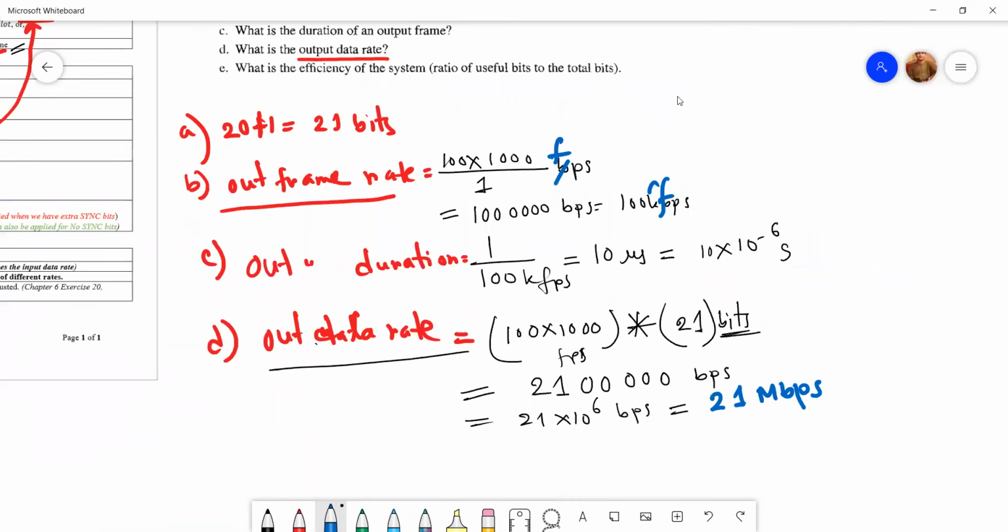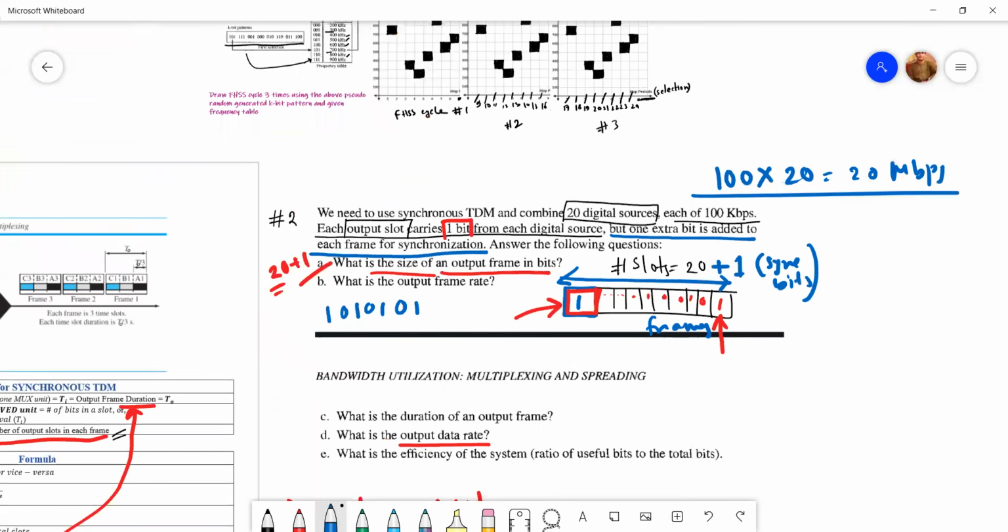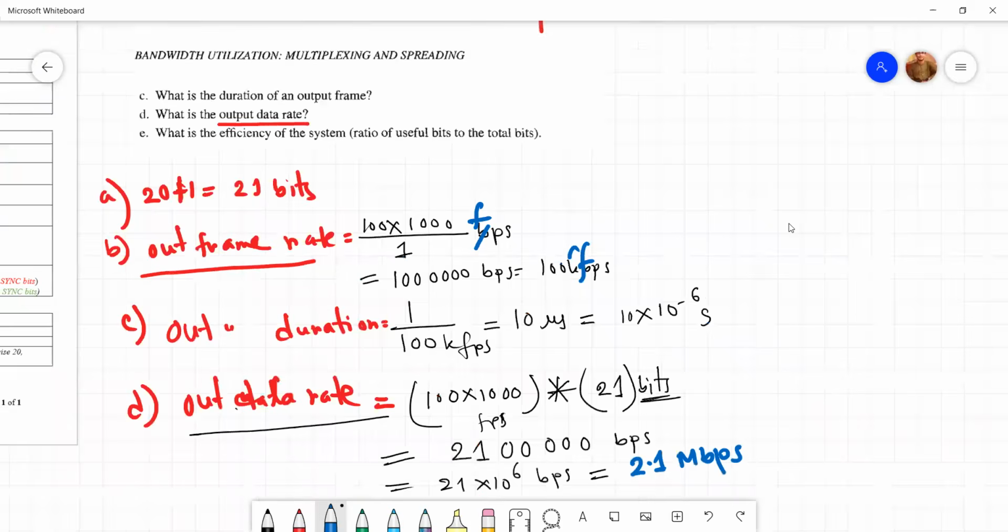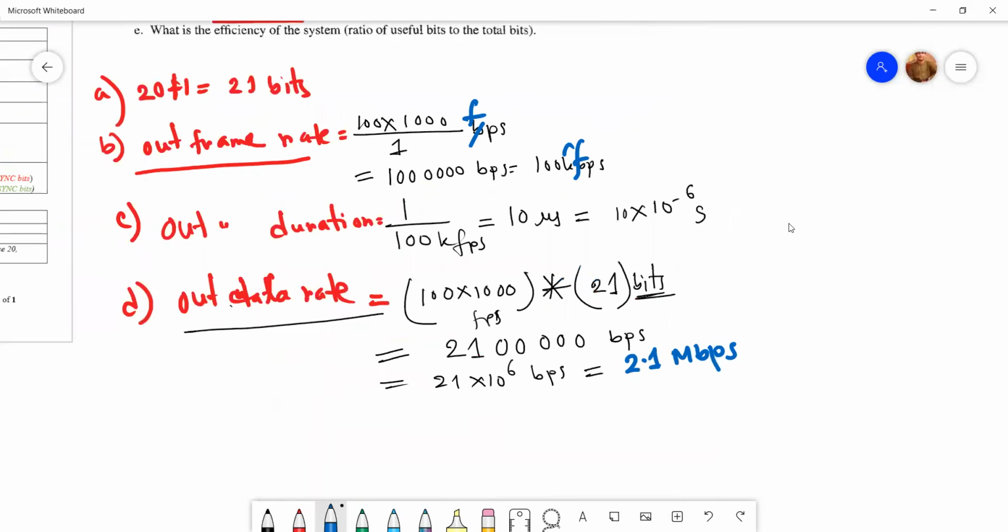That is going to be your 2.1 Mbps. That's not 2000 Mbps. This is going to be your 2.1 Mbps. In that case, without sync you would have 2 Mbps. So basically, that is going to be 2.1.